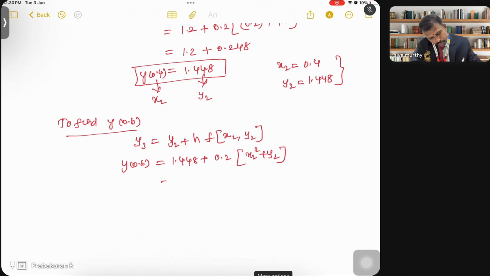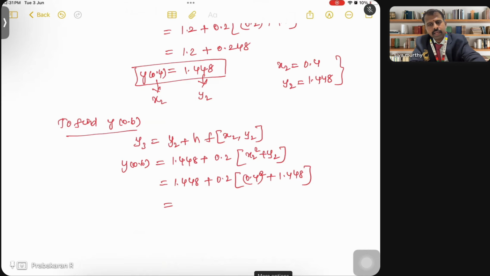So therefore here we will substitute the value 0.2, then x2 is 0.4, the whole square, plus y2 is 1.448, right? Then you have to simplify these values, we get the answer, using a scientific calculator.